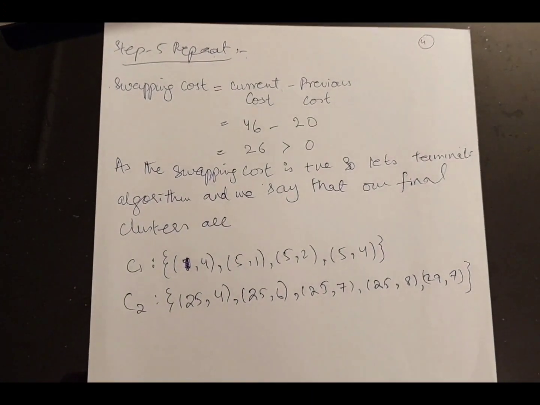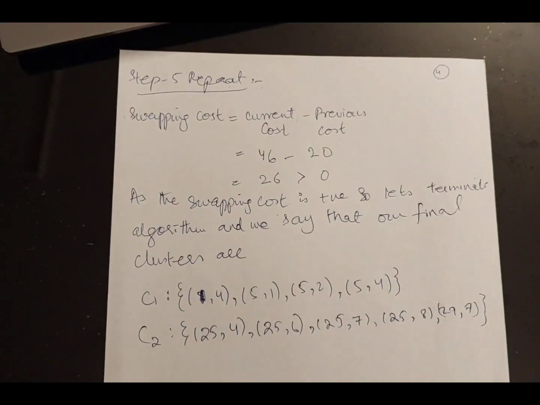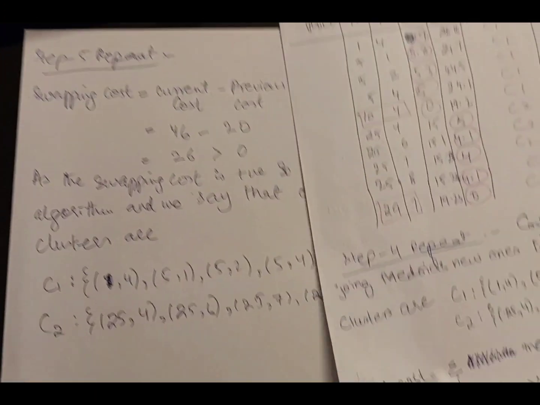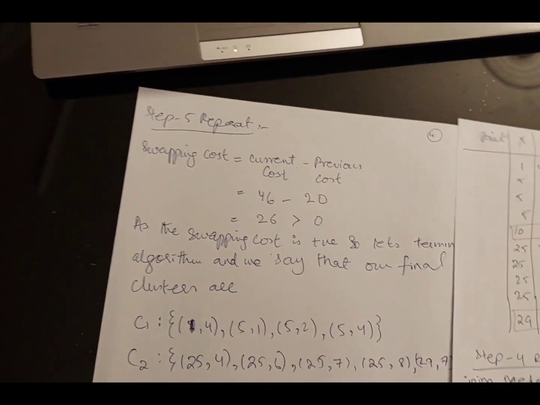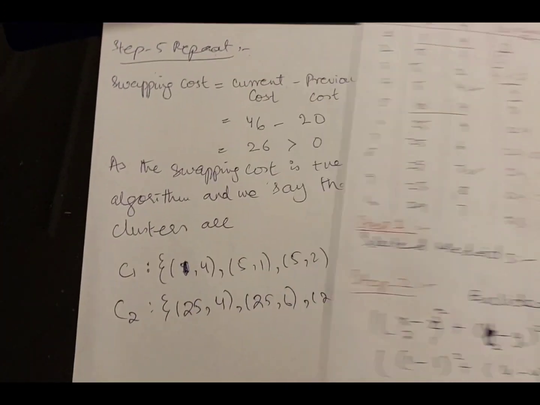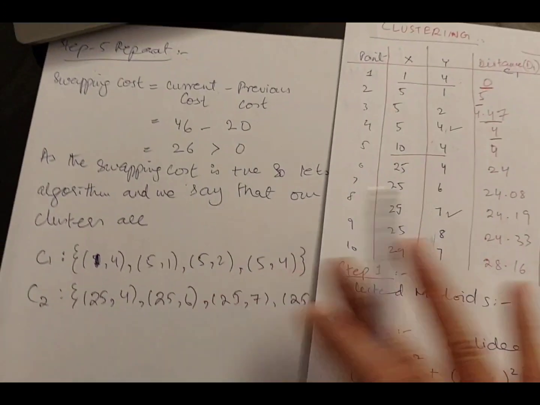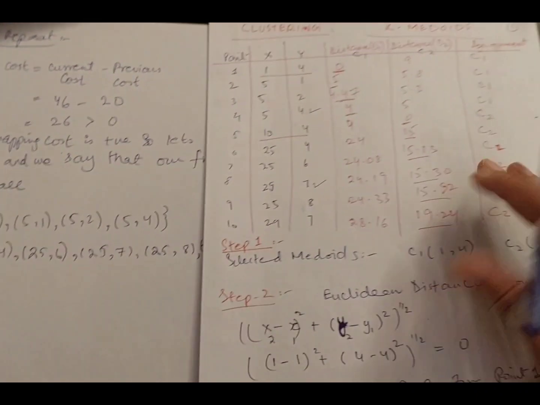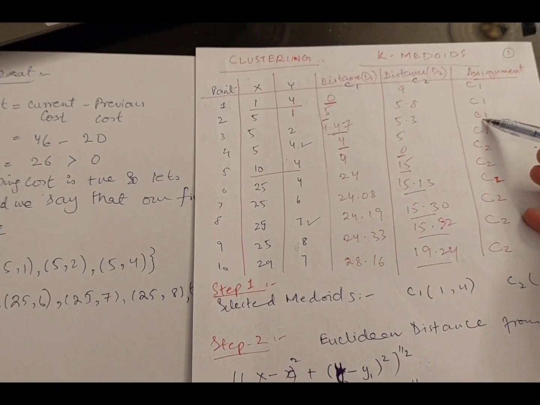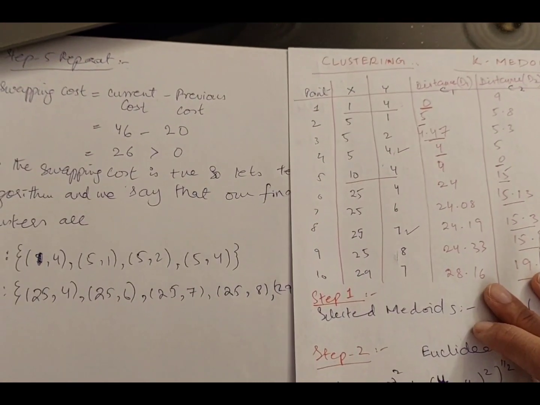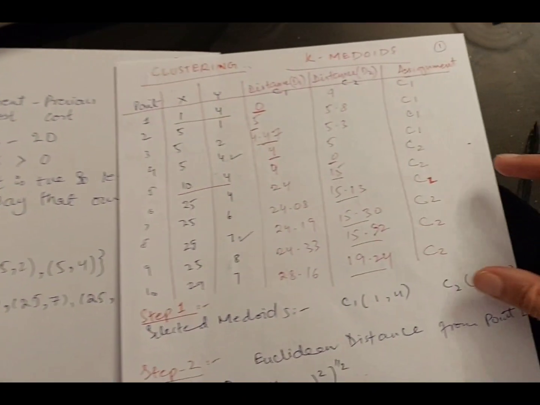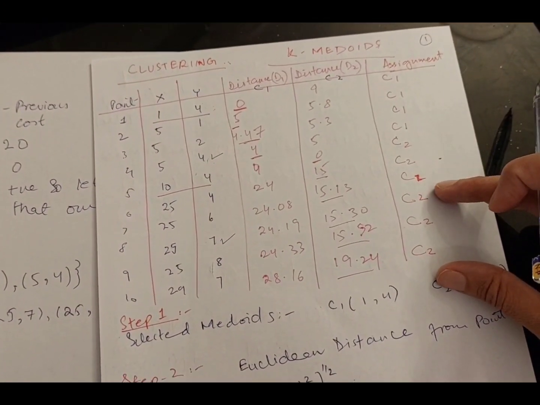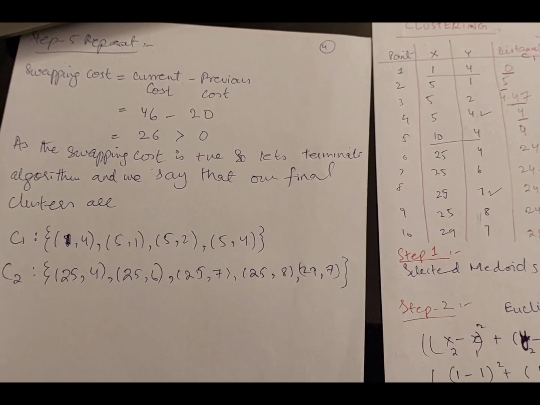Although we started from a different set of clusters, initially in the very first step the clusters were these, you can see the 4 data points were in the first cluster, and then the last 6 data points were in the next cluster.